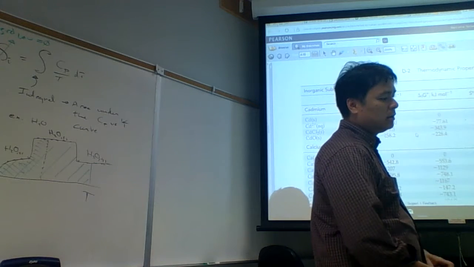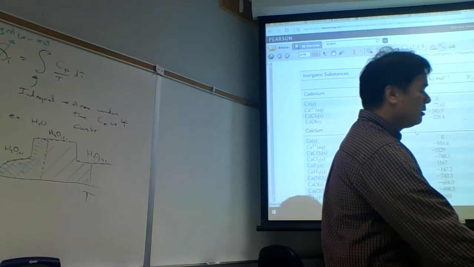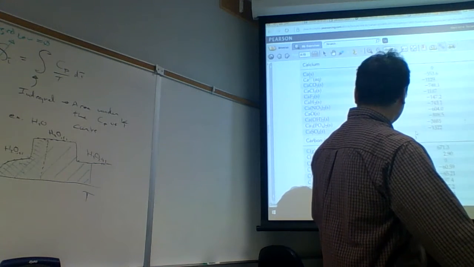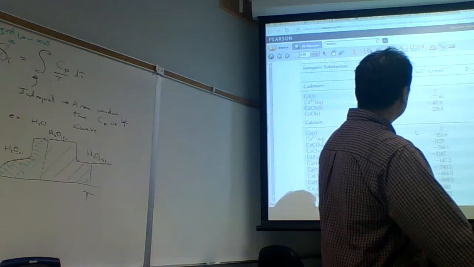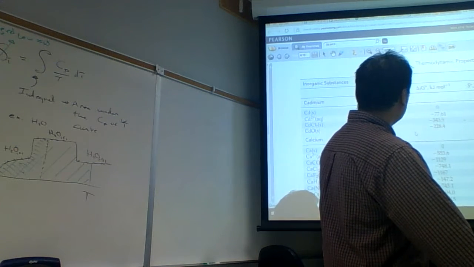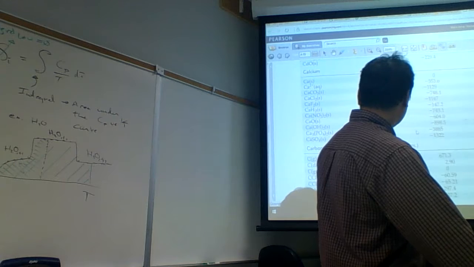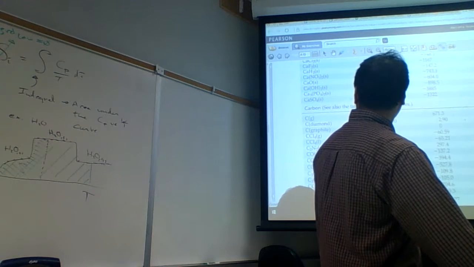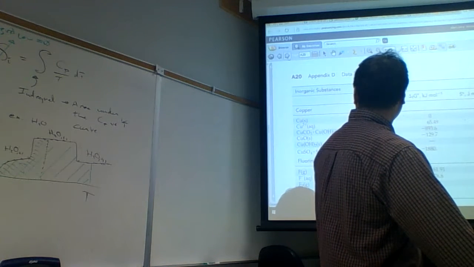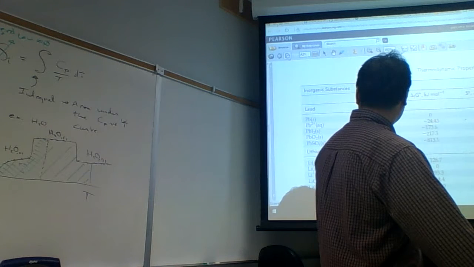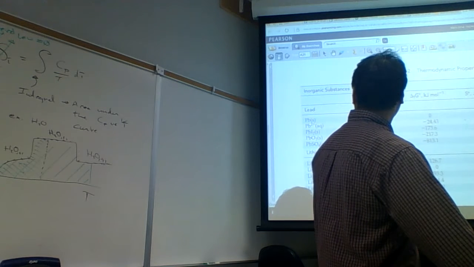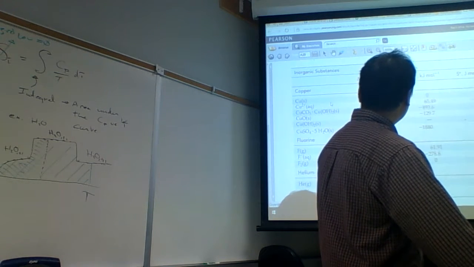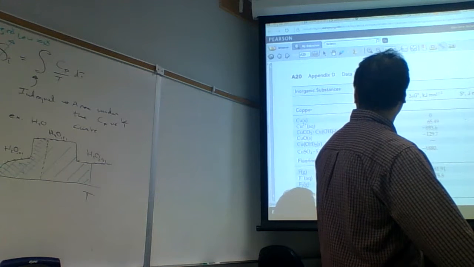And so we saw a strange entry in Chem 1A for delta H's of formation. Delta H of formation. It's good that you caught that, but the question is why?